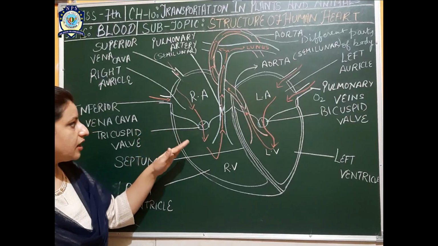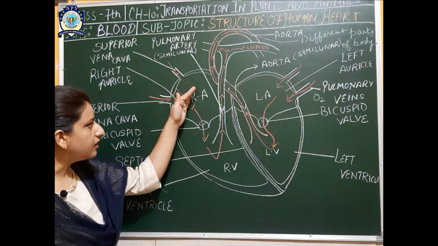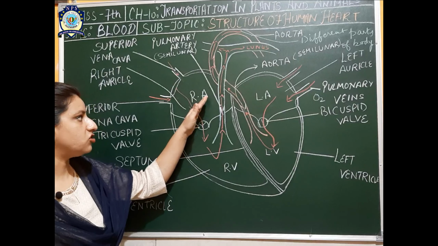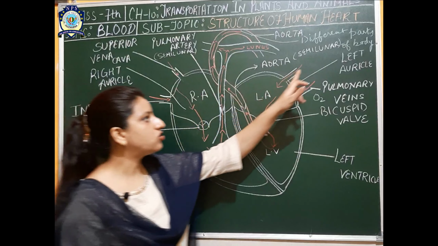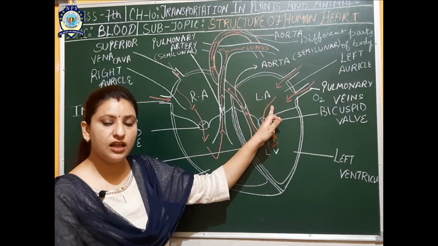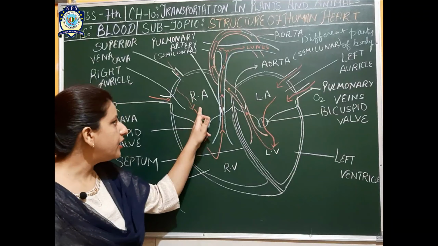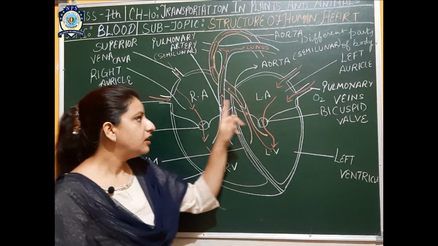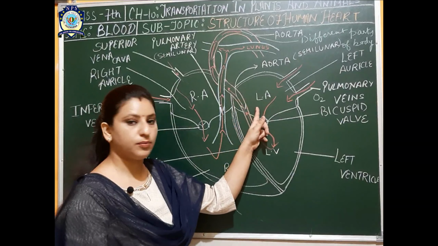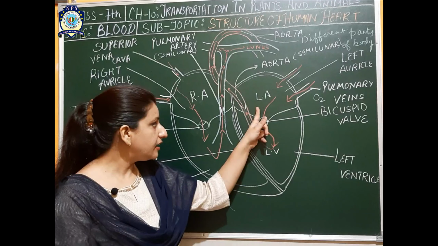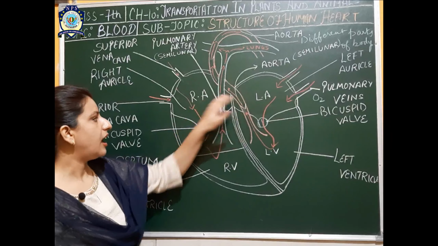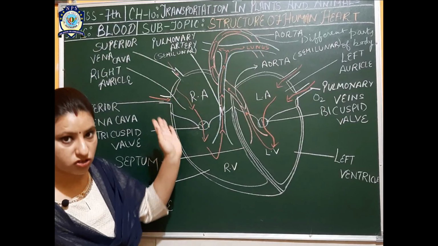As the blood is entering into the right auricle from the body, that is deoxygenated blood, and the oxygenated blood is coming from the lungs into the left auricle, at the same time the right auricle and the left auricle are filled, and that time the pressure is increased on both the auricles, as the right auricle is having what?